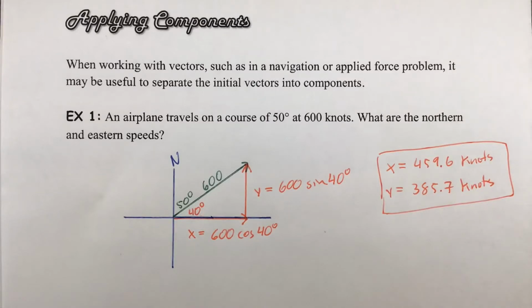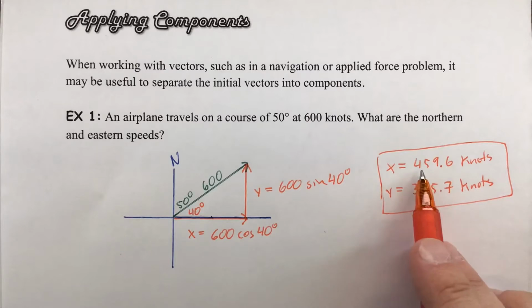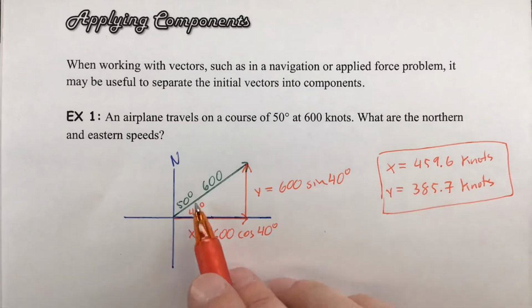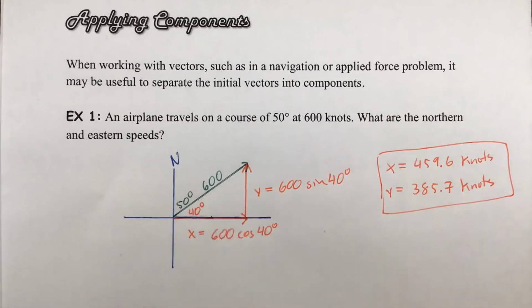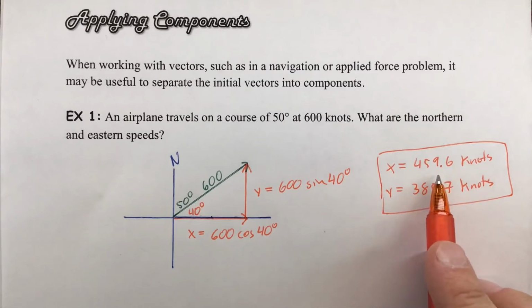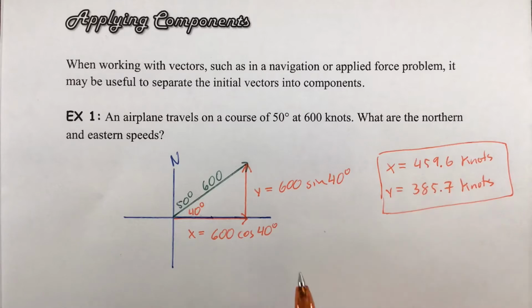One more thing that we can do here just to verify that this is actually true, we could do the Pythagorean Theorem. We could do x squared plus y squared and show that it'd be the same thing as the 600 squared that we have there. Of course, if I use these numbers, they would be rounded off answers, so you're not going to get exactly that value. So I'm going to type it in using these that I have.